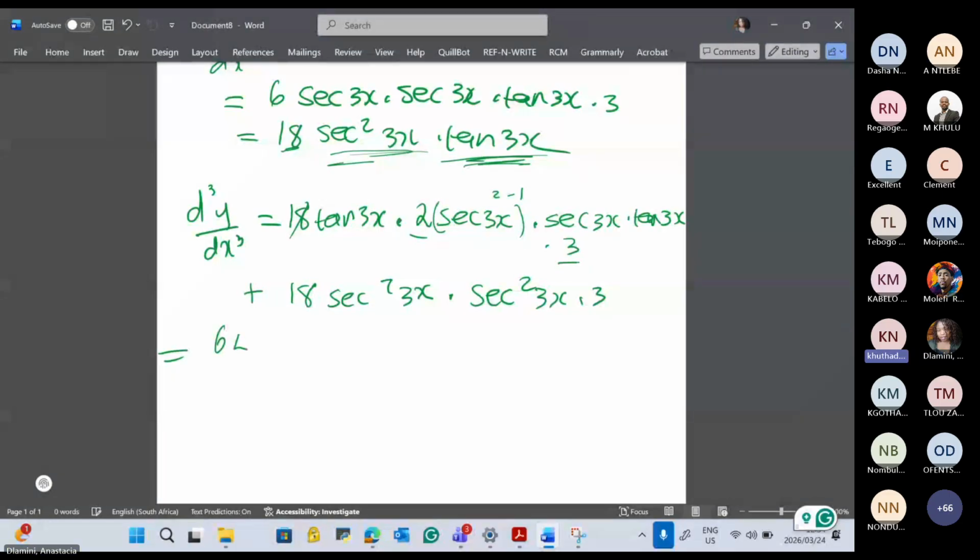Then we have a tan 3x here and a tan 3x here, so we can write it as tan squared 3x, times sec squared 3x. Am I missing something? Done.